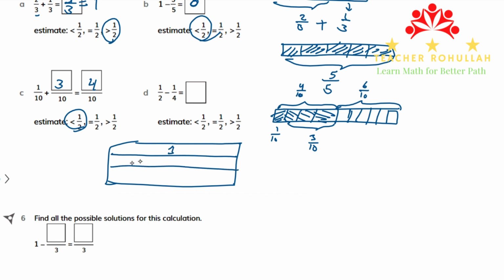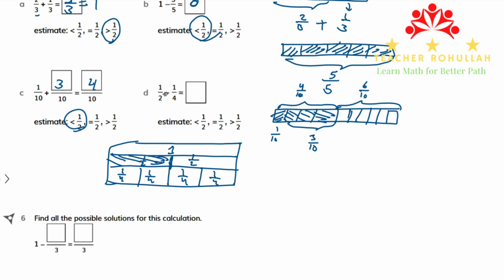If we then cut that into halves, each one will be 1/2. And if we cut that into 4 equal parts, which is 1/4, 1/4, 1/4, and 1/4. Now let me shade it. This is 1/2.